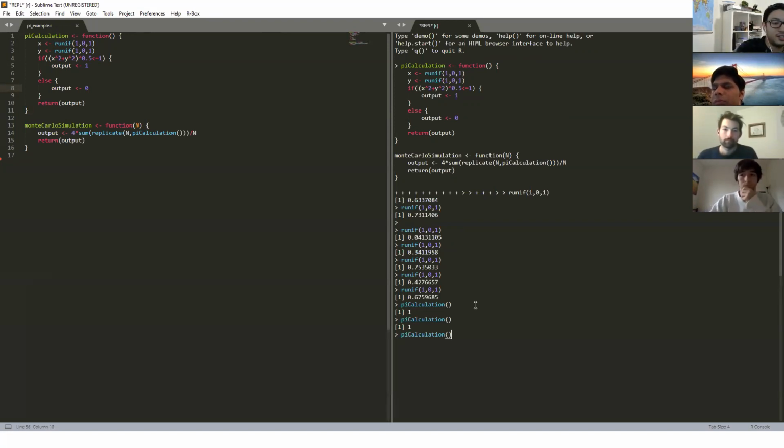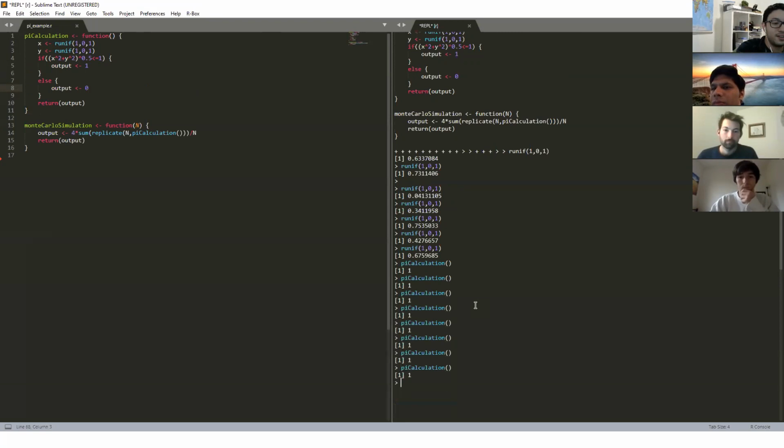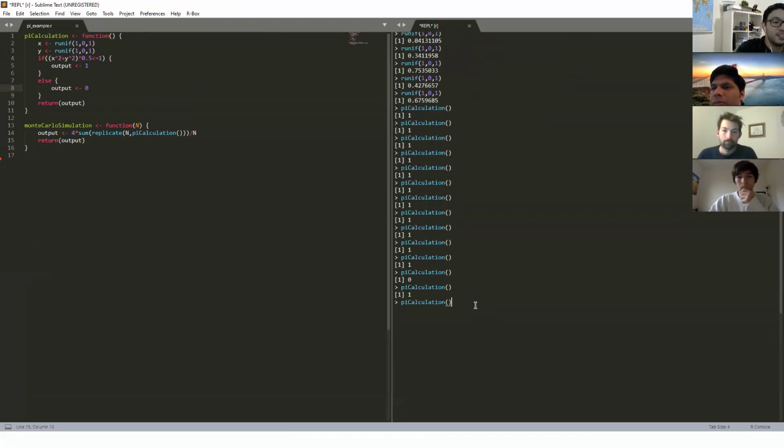So I could do this many times. Eventually, if you throw enough stones into that area, you'll start to get some examples where it lands in the square but not in the circle, and that's all this pi calculation does. It's essentially one stone throw.